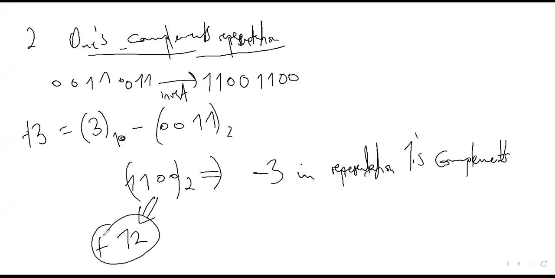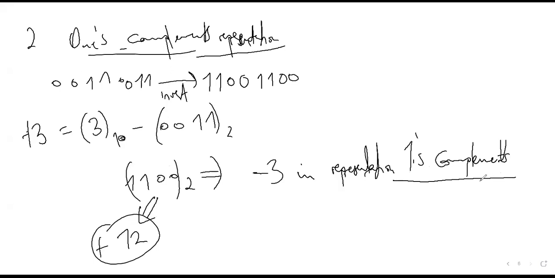I think we can agree, in the binary representation of that number, it is positive 12. But when we talk of a representation in one's complement, it is negative 3. It's no longer positive 12.